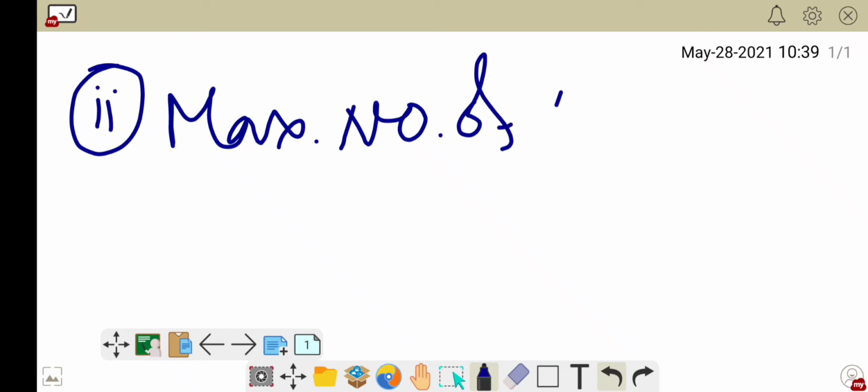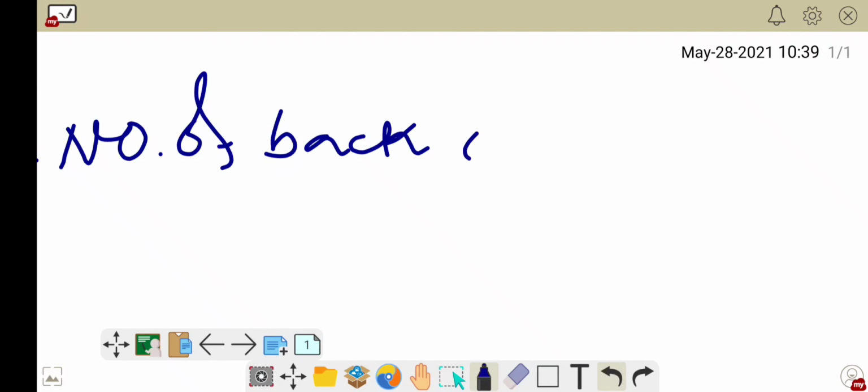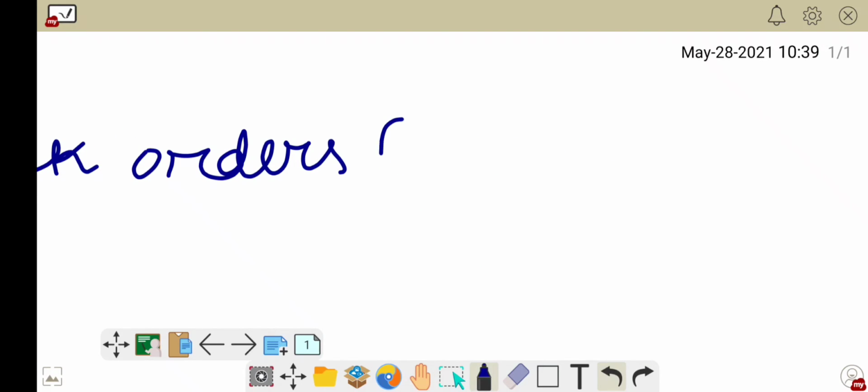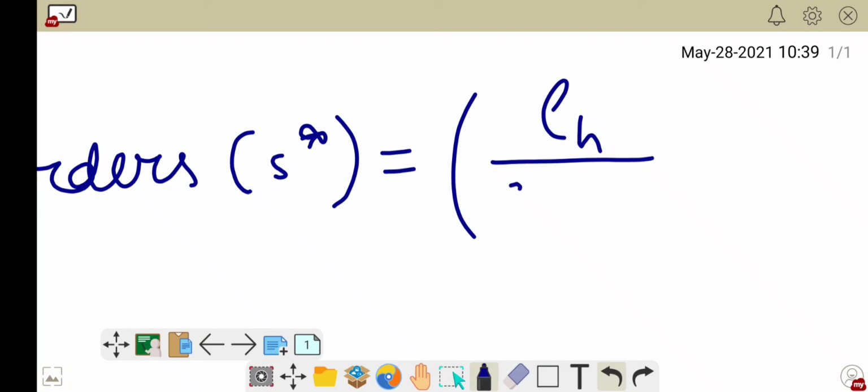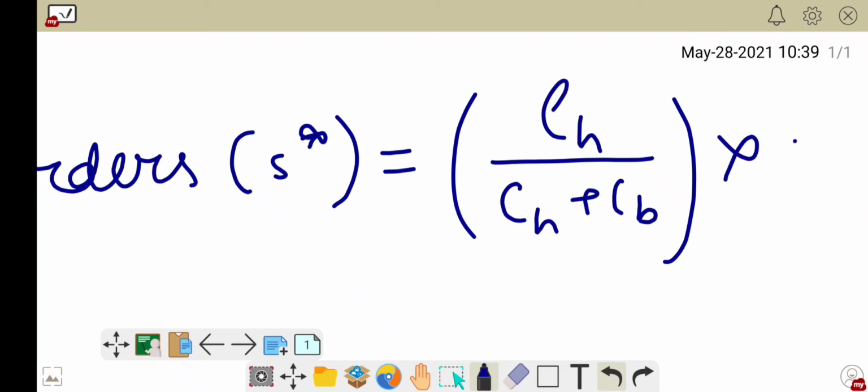Number 2, maximum number of back orders, denoted by S star, and S star is calculated through the formula CH divided by CH plus CB into Q star.